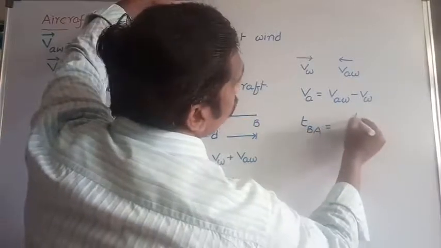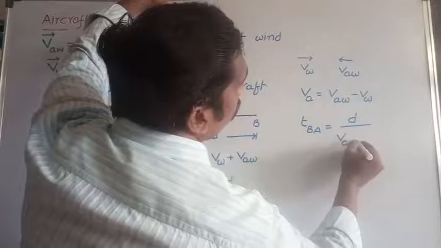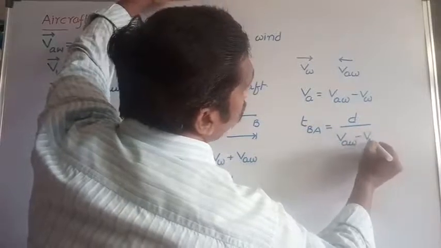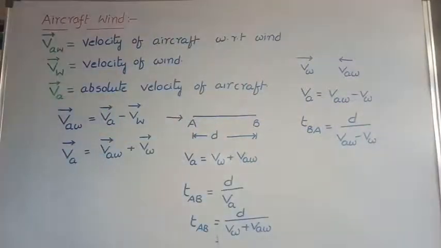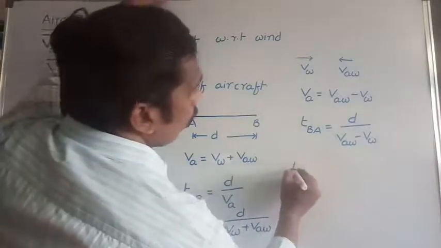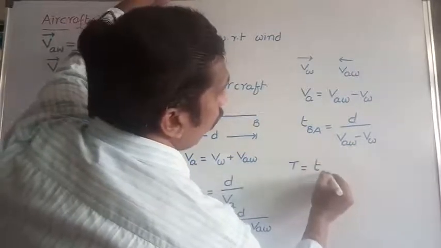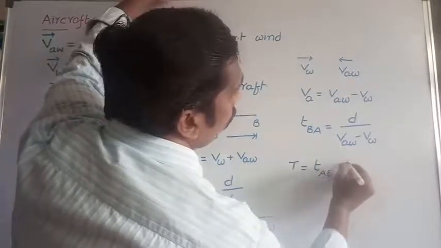In this case, time taken to travel from B to A is equal to distance between them, d, divided by velocity of the aircraft with respect to wind minus velocity of the wind. Total time, how much time is taken to travel from A to B and B to A? So total time T is equal to TAB plus TBA.